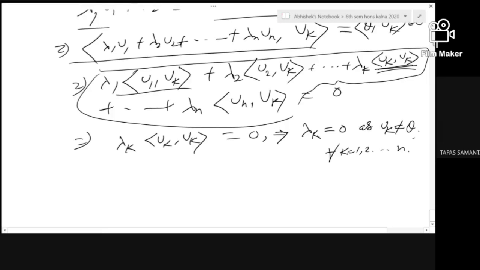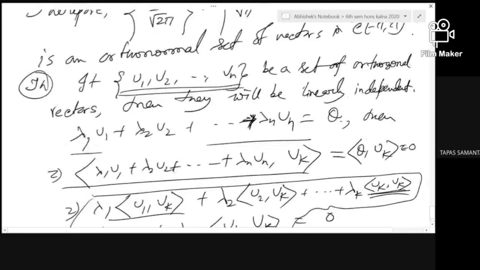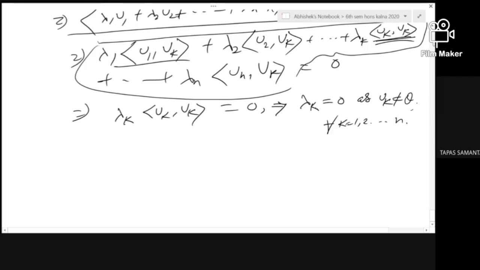Thus we see that if v1, v2, ..., vn is an orthogonal set of non-zero vectors, then they form a linearly independent set. When we talk about linear independence of vectors, we need to take non-zero vectors, because a linearly independent set of vectors will never contain the zero vector. So this is it for today's lecture.